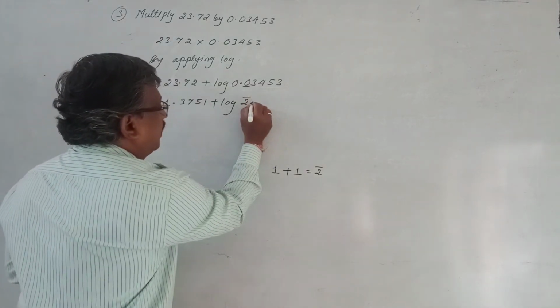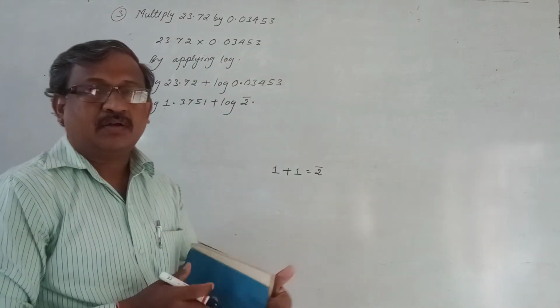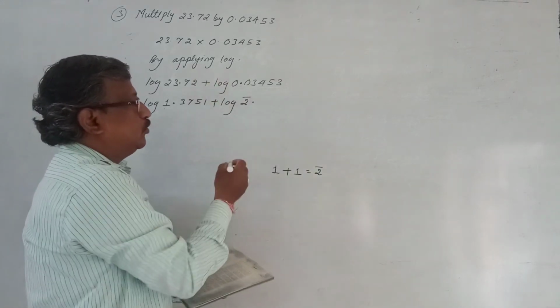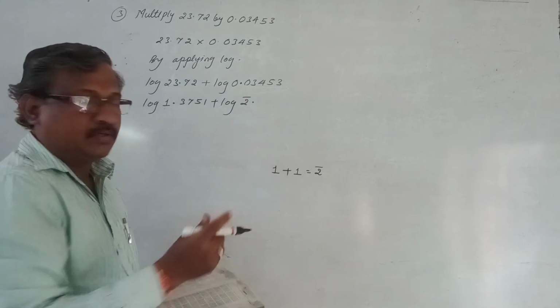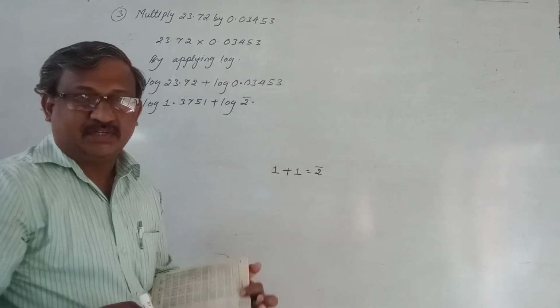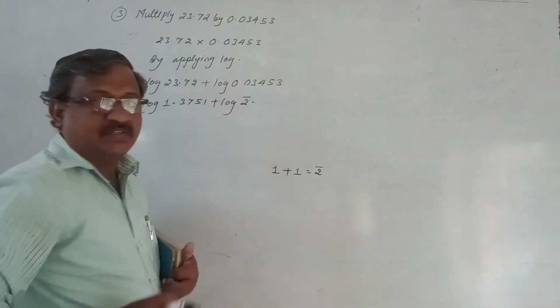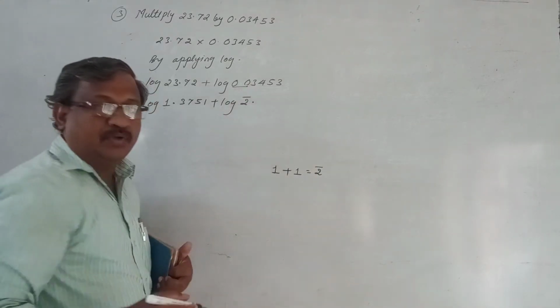Then after writing the characteristics, as it is you have to find out the log. In the logarithm book, again I told, while seeing the log we should not take into consideration the decimal point, right? Think there is no decimal point, and then you have to take the first 2 digits in the first column. If you cancel this decimal point, can you see 00 in the first column?